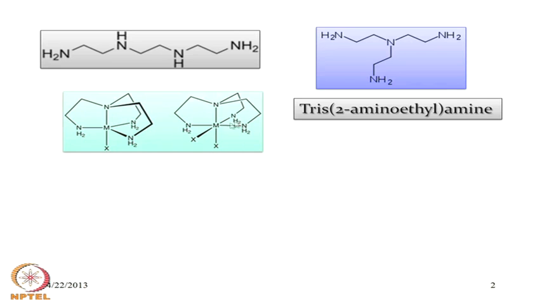This geometry has some distortion, because the accommodation of X is required. The NH2-M-NH2 bond angle in this molecule was around 120 degrees, which is reduced to around 90 degrees for an octahedral geometry.